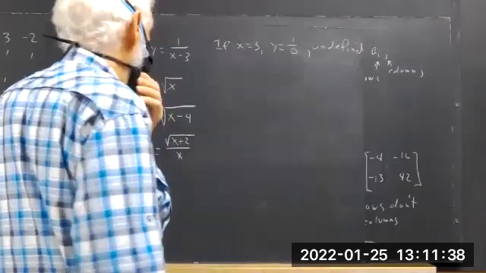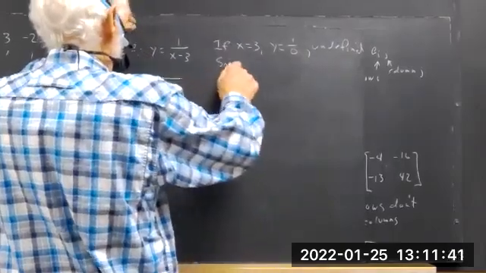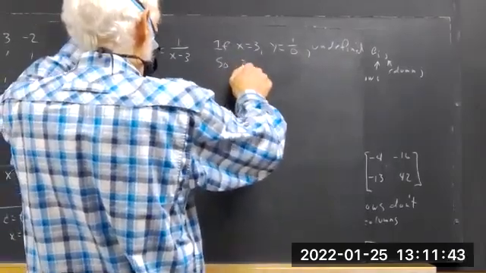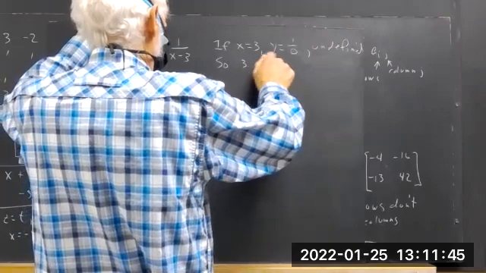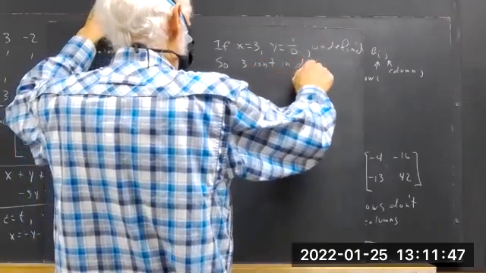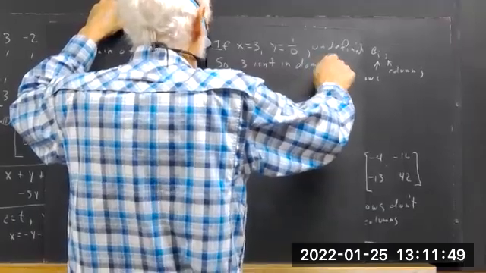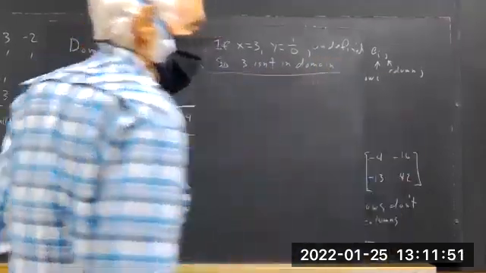This is how you find it. The 3 isn't in the domain.